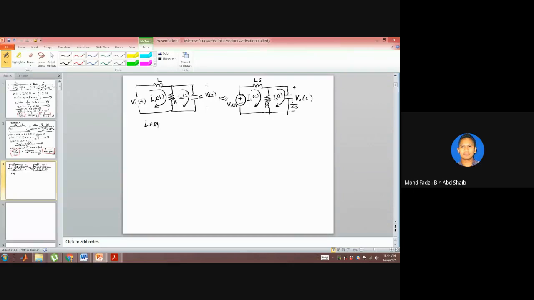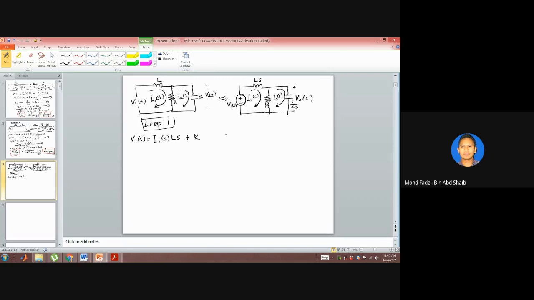So V1S equal I1S times LS, plus R times I1S.